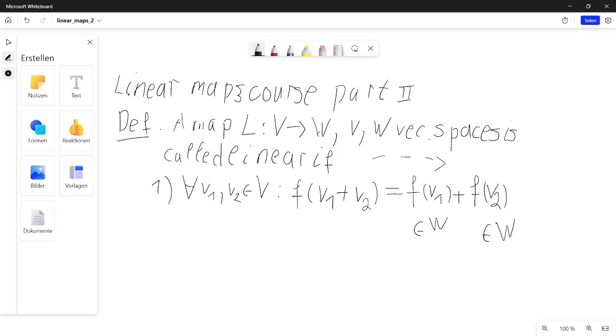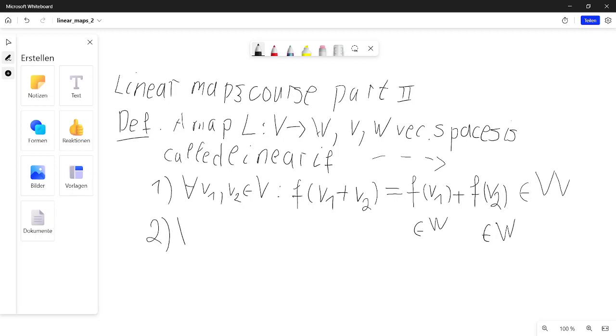So we don't do that. This is the sum in W, and so this is in W because plus in W is also closed, right? So pay attention here, plus is in V, here plus is in W. Okay, so we have this kind of compatibility of L with the operation plus.